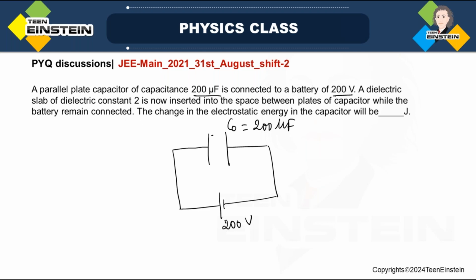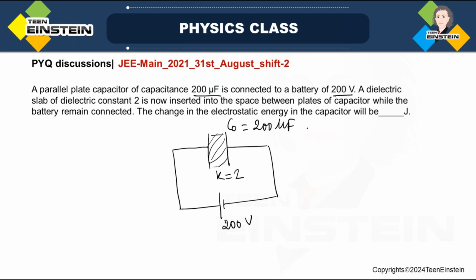So now I have just put a dielectric slab, where K or epsilon R is the dielectric constant, whatever you can say. So this is 2, given. The question is the change in the electrostatic energy in the capacitor.